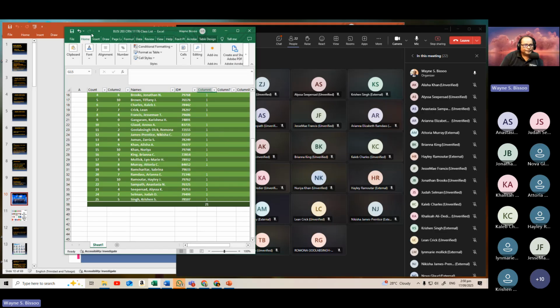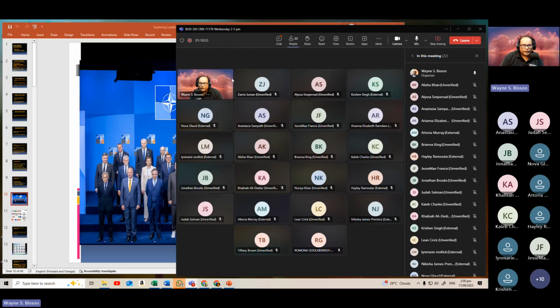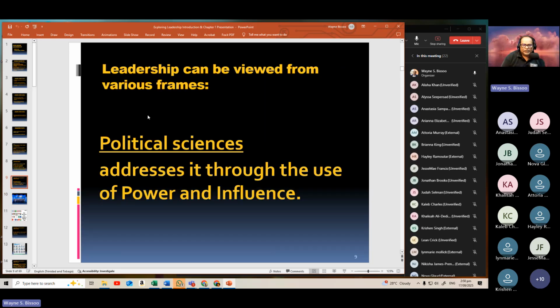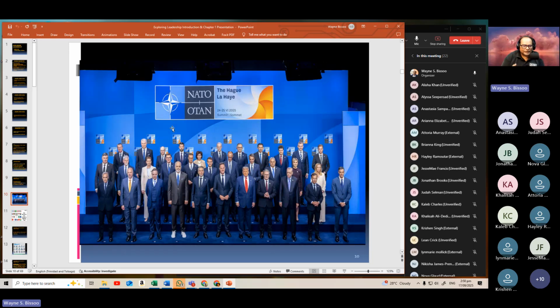All righty then. So let's get going back with this. This is the main thing that we talk about when we're dealing with political leadership through politics. We're looking at individuals who acquire positions of power and leadership in some countries, and how do they use that power around them to influence others? That's a big thing.